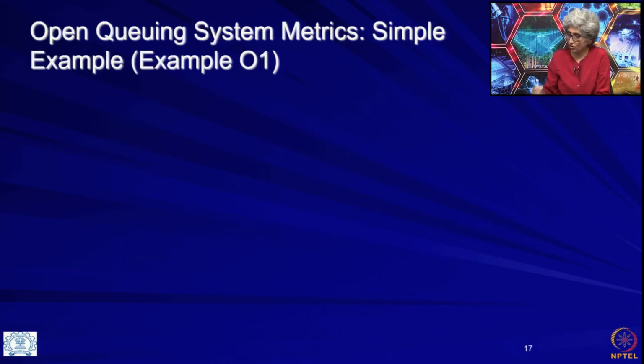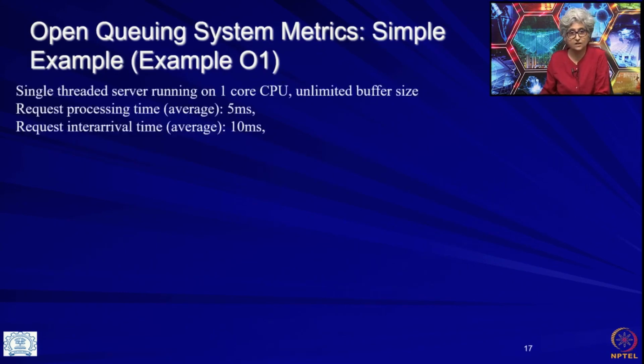I am just going to go through some examples quickly. Let us consider a single threaded server on a one core CPU. Again, let us consider just infinite buffer for the examples. The request processing time tau is 5 milliseconds, and the request inter arrival time is 10 milliseconds, which is 1 by lambda.